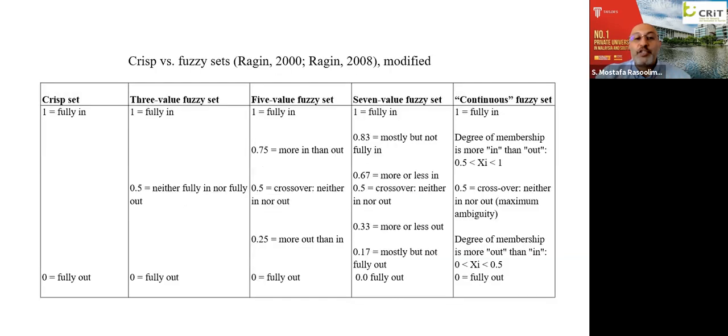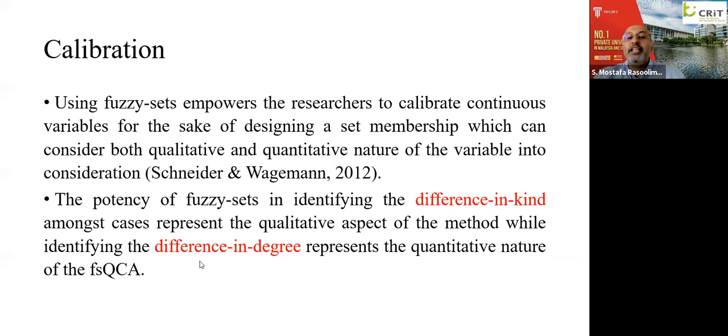Membership in kind is for crisp set, so we have only 2 values. But when we go to continuous, we have degree of membership, so we have different levels of membership. This is the first step for performing QCA.